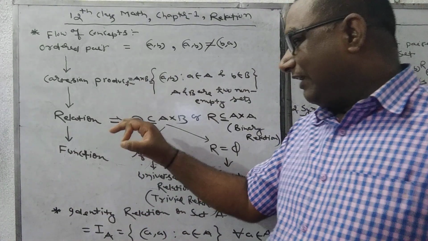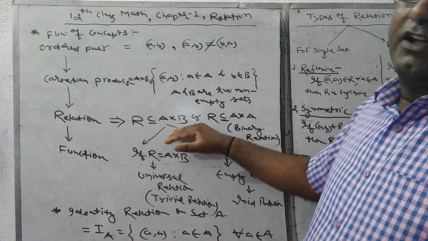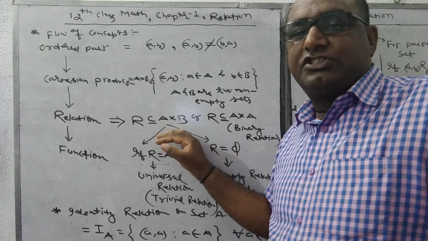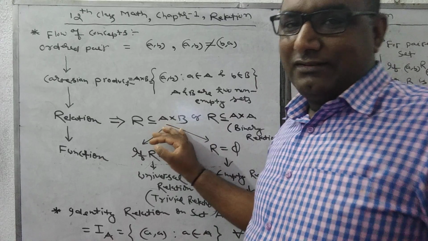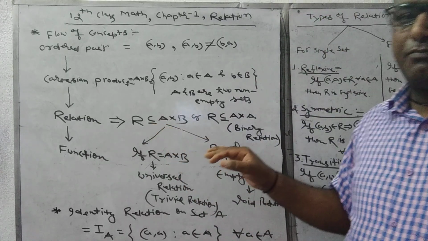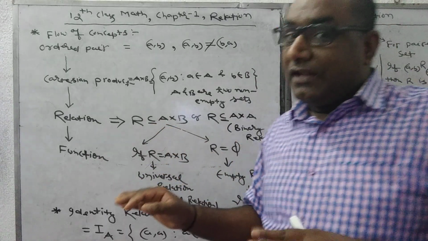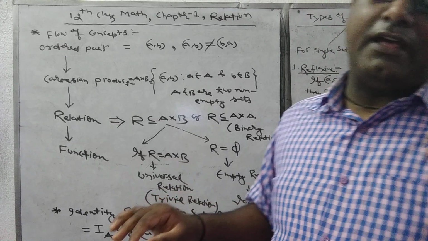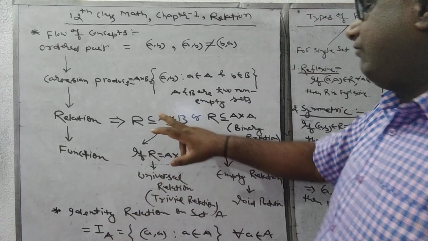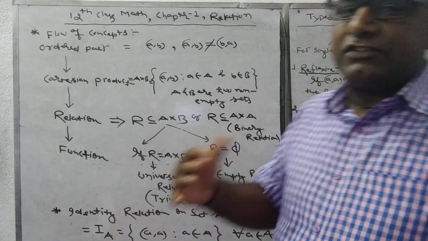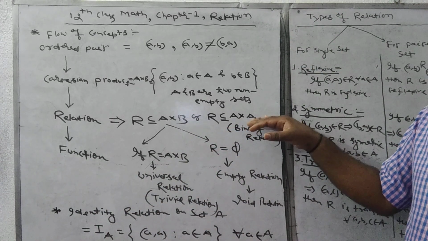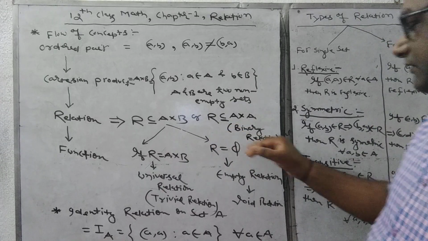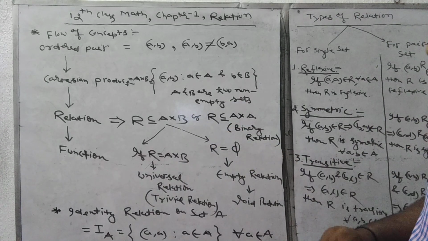So the relation must be a subset of A cross B. You cannot think about anything outside the subset of A cross B. The relation must be ordered pair elements, and those ordered pair elements must be a part of A cross B. Sometimes it is also called R is a subset of A cross A, and if the sets are repeated, then it is also called a binary relation.